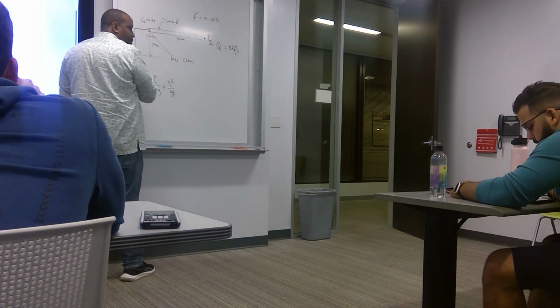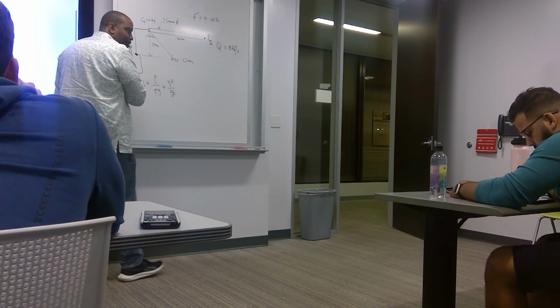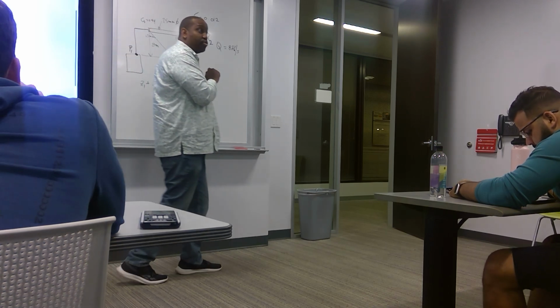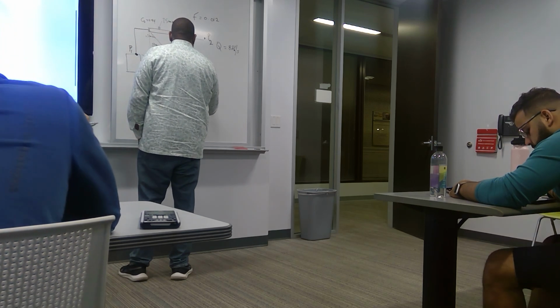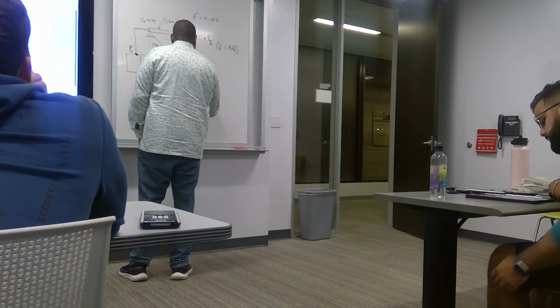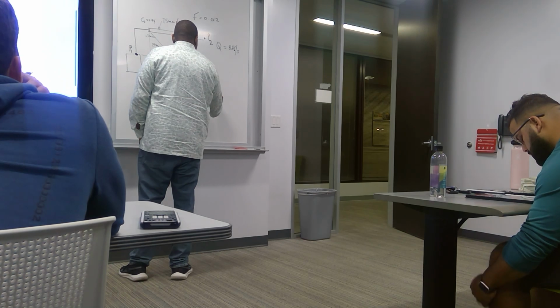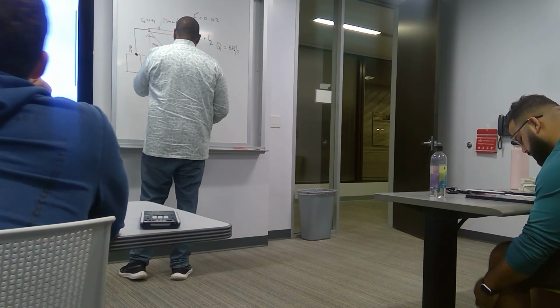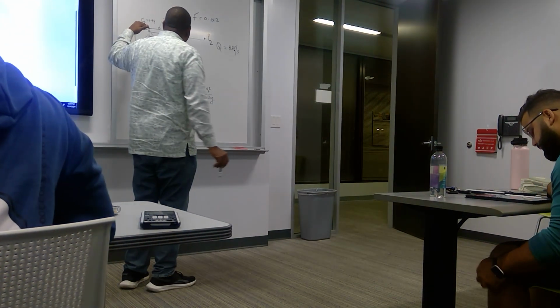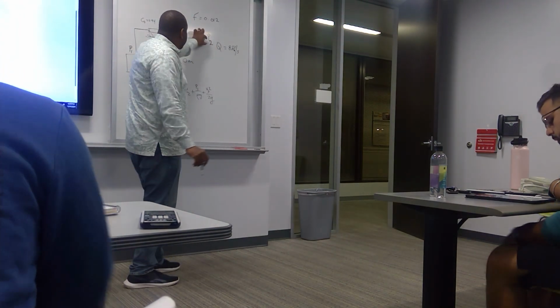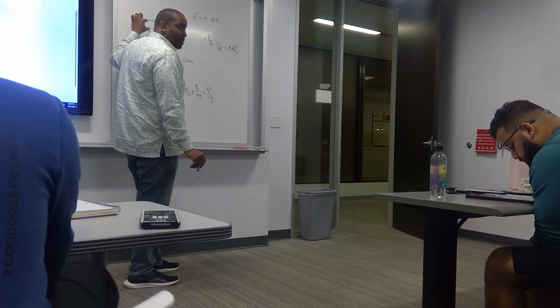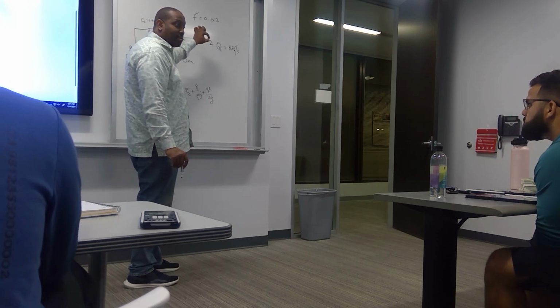What do you think V1 is going to be? Zero. Then V2, because you know the value of Q and we know the diameter of this pipe, so we know what the velocity is going to be in that pipe.